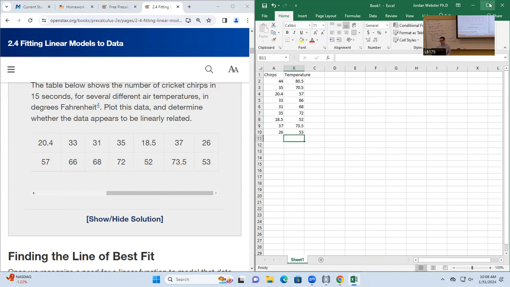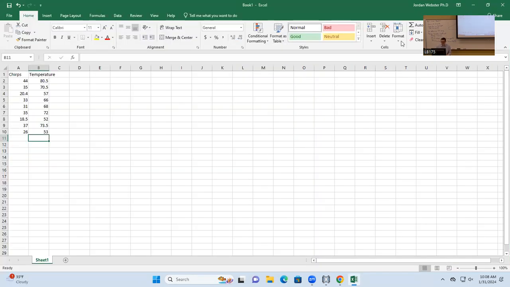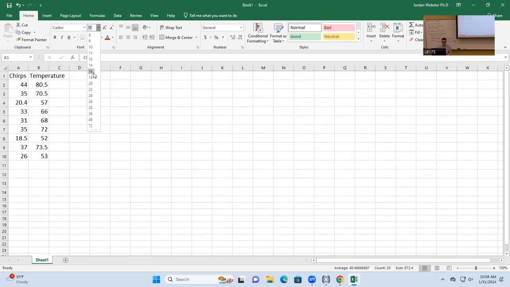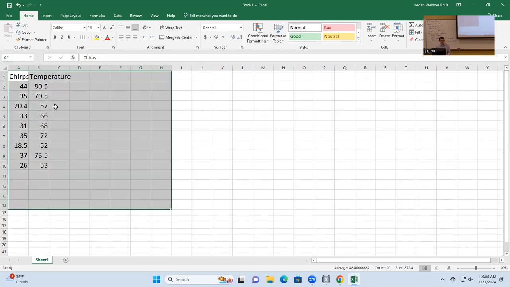All right, so I put in all of our data. And let me make this look a little bit better so you can see it easier. Let's make that 16, 18. Okay.